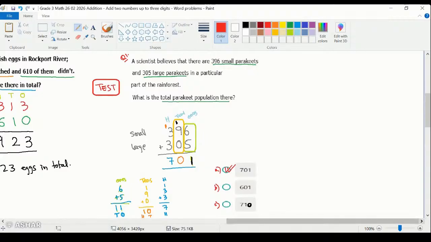Okay. 701. Do we agree on this, or do I just need to explain this? Precious, do we agree? How did we find 701? Yes. Okay.